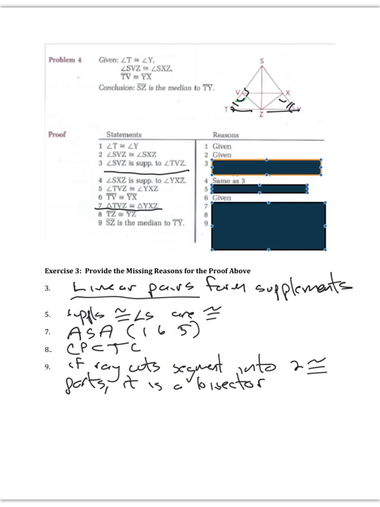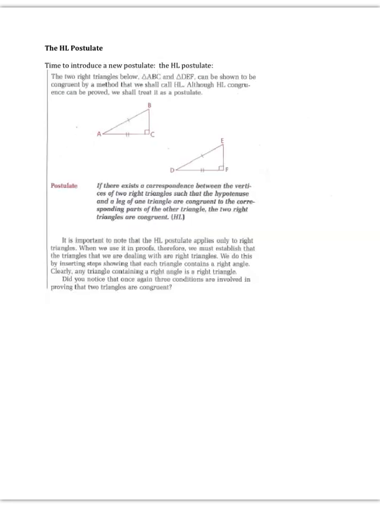Okay, moving right along here, we got to the HL postulate, which says that in two right triangles, if we know that the hypotenuse is congruent, and one leg is congruent to a leg in the other, then those two triangles are congruent.